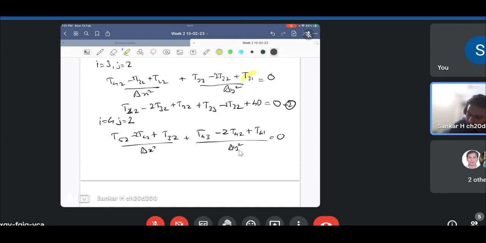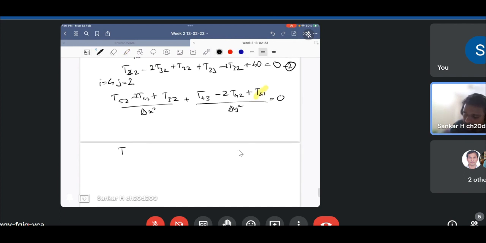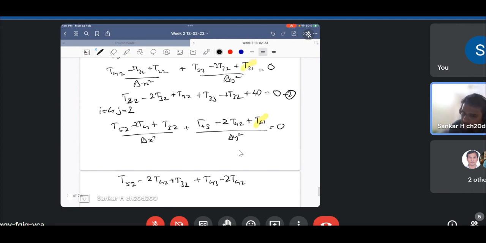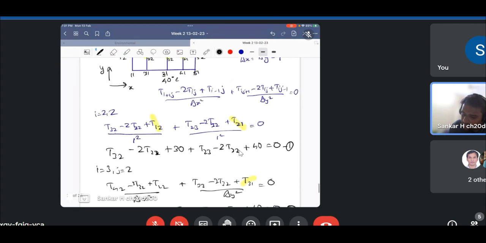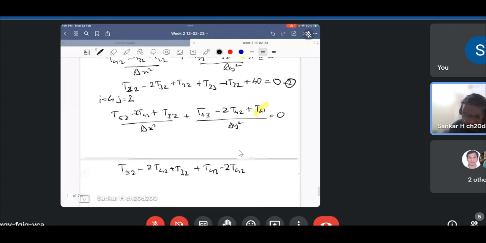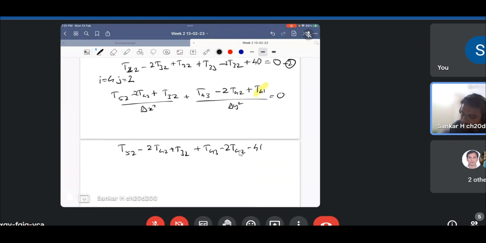And here we know what T41 is. So when we solve that, we'll get T52 minus 2T42 plus T32 plus T43 minus 2T42 plus T41, which would be again 40, is equal to 0.